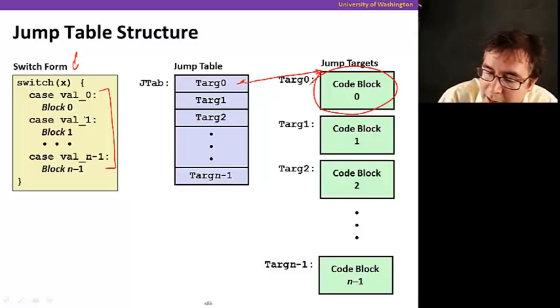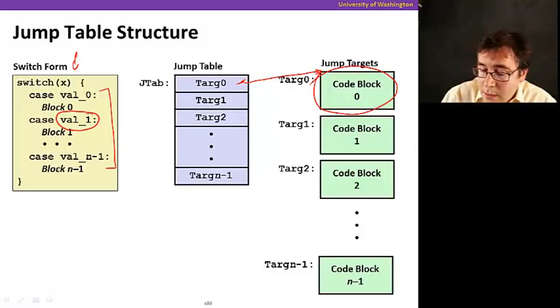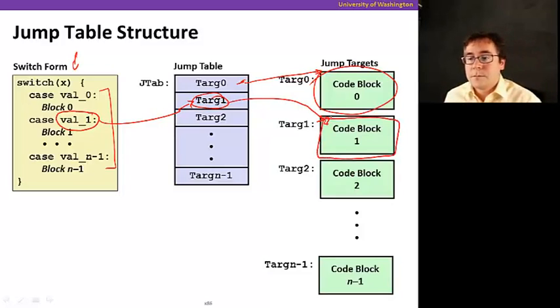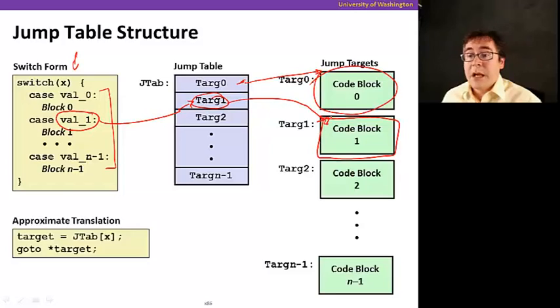So for example, if our X happens to be val 1, we're going to look at the jump table, get the corresponding address, and select the start one, and that's the code we're going to execute. We're going to execute this piece of code here. Now, one way to think about this is the following.